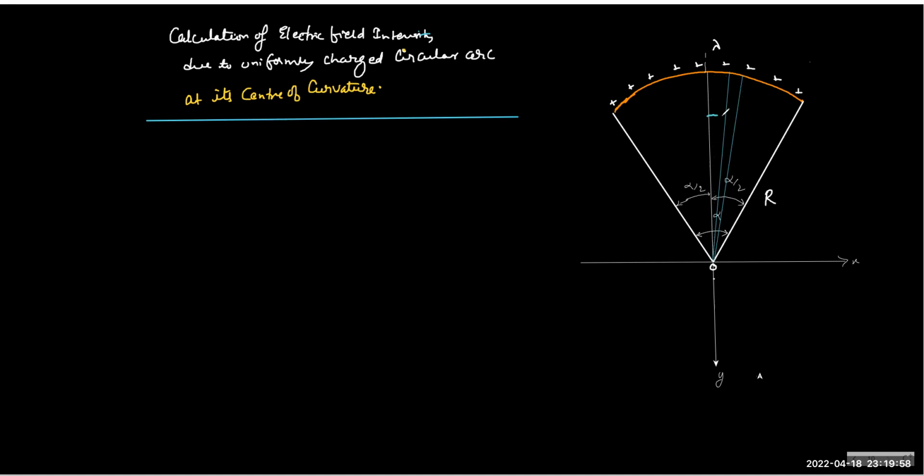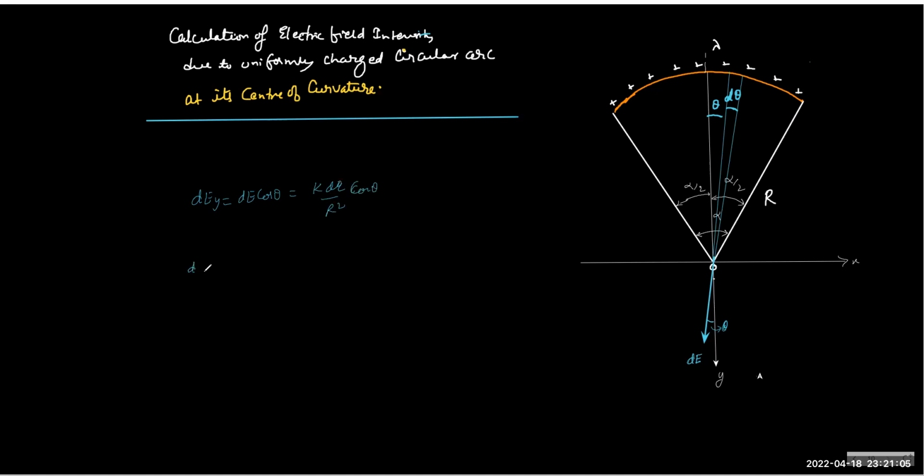So we can call this theta. This is the dE value. dE is easy to write, but we are looking for dEy, which is dE cos theta, and now it's simple. dE will be k dq by r square, because r is constant here.